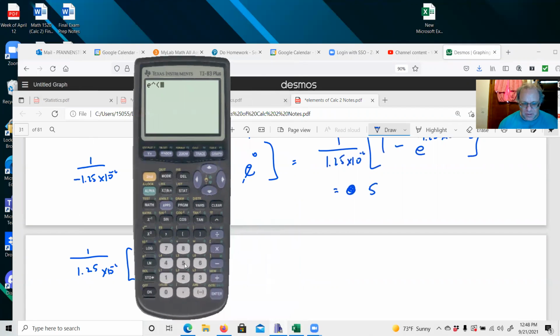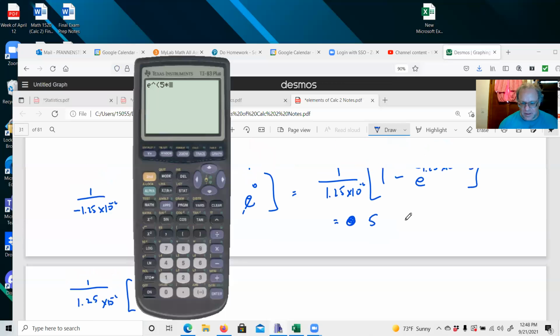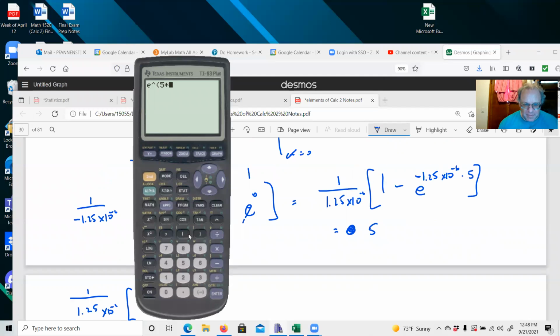We have to the 5 times, parentheses, negative 1.25, second function EE. That's how you do scientific notation, right? So there's my negative 1.25 times 10 to the negative 6 times 5. Hopefully that will give us something.